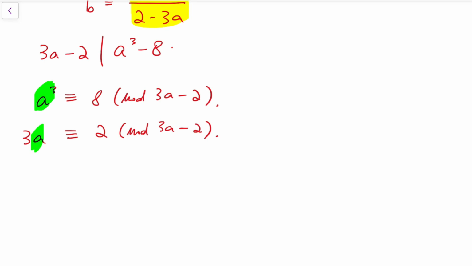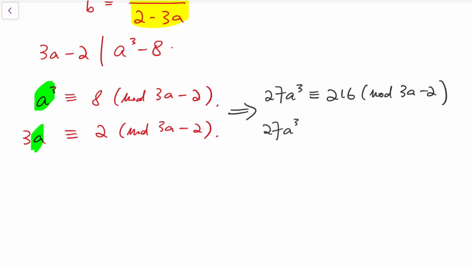So we can try to find some kind of common ground between a cubed and 3a, and indeed we can do that by multiplying a cubed by 27. So 27a cubed is congruent to 216 mod 3a minus 2. And on the other hand, for 3a, we can cube both sides. So we also have 27a cubed, but this time we have 8 on the other side.